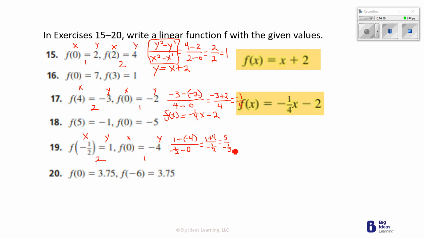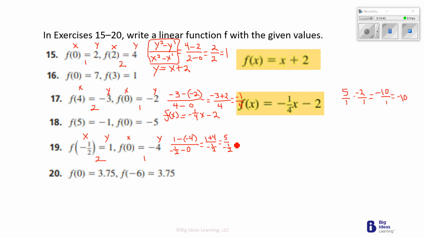Remember, when we have a fraction over a fraction, we do keep, change, flip. So the answer to this would be 5 over 1 times negative 2 over 1, which gives me negative 10 over 1. So that equals negative 10.